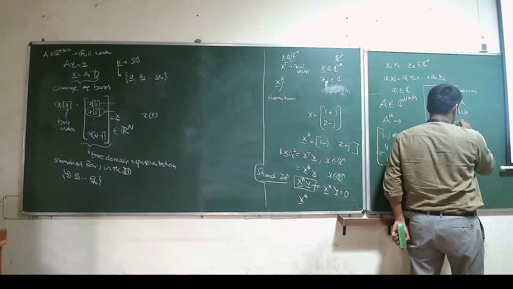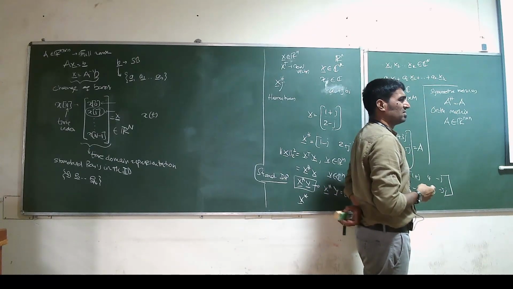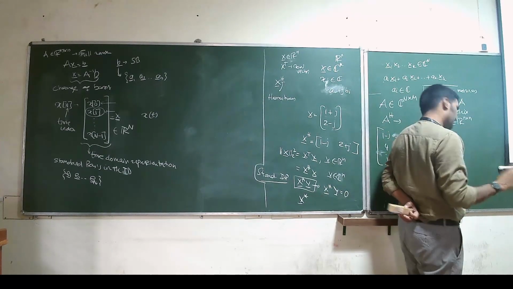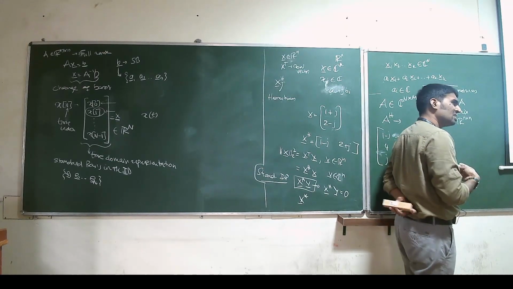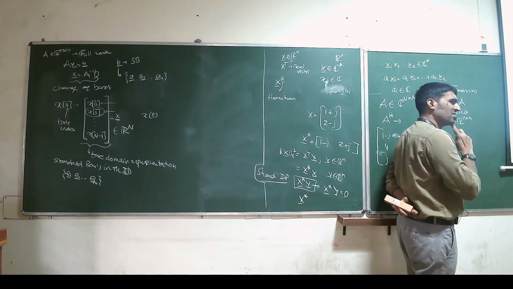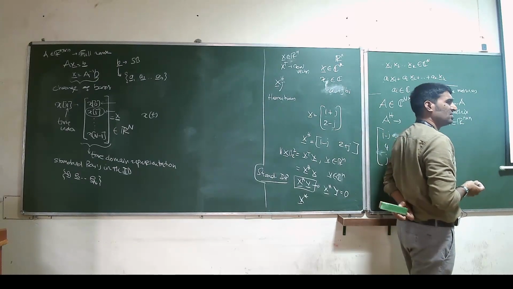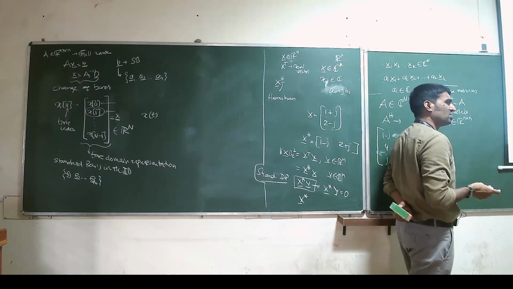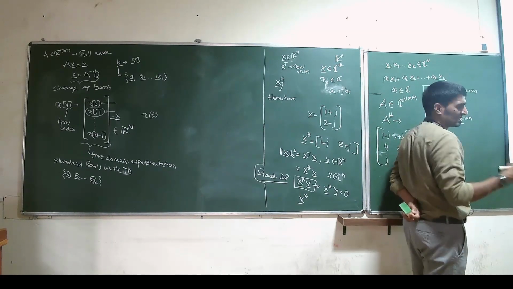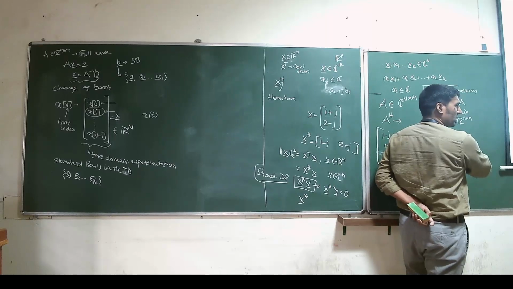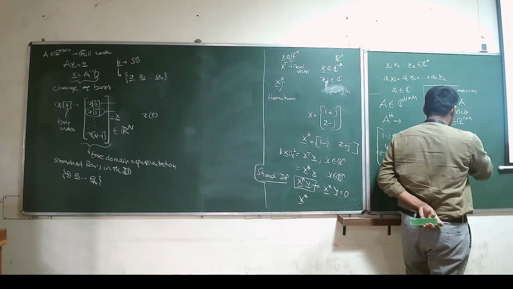If A is R n cross n, when do we say it's an orthogonal matrix? Another property? What about its inverse? Does the inverse exist? Why does the inverse exist? It's square, so we can ask whether the inverse exists. It's full rank because the columns are all orthogonal or orthonormal. That means they're linearly independent. So what is the inverse for the case of an orthogonal matrix? Yes, A inverse is A transpose.